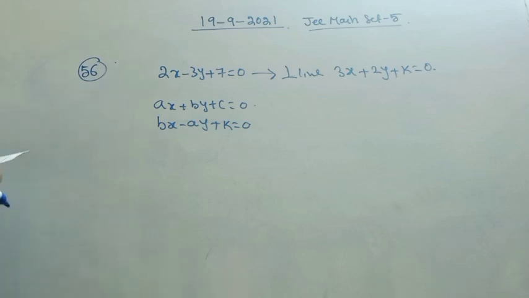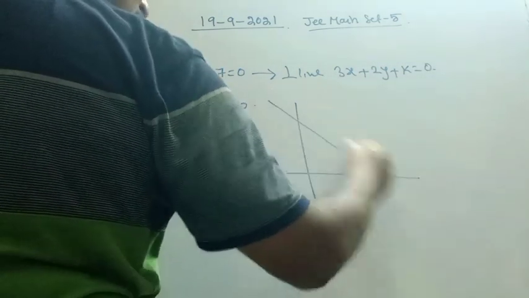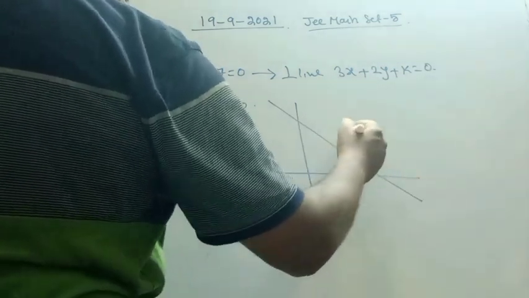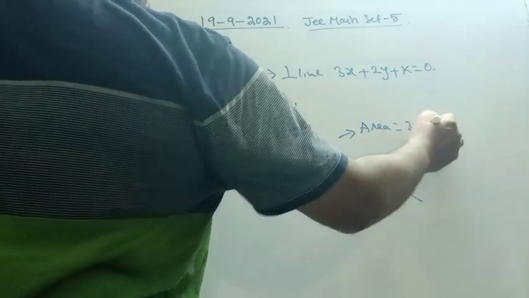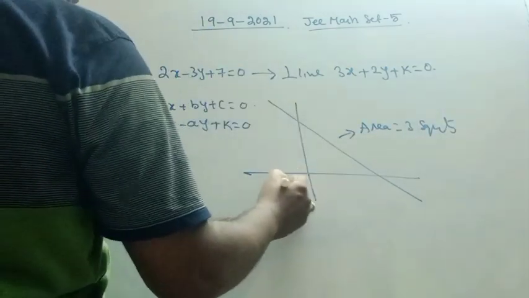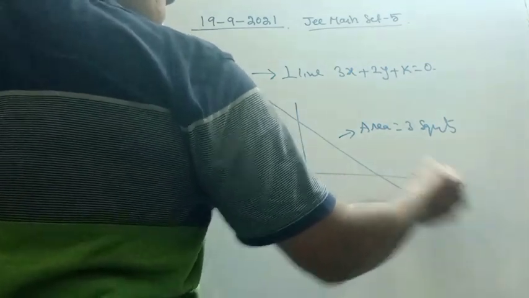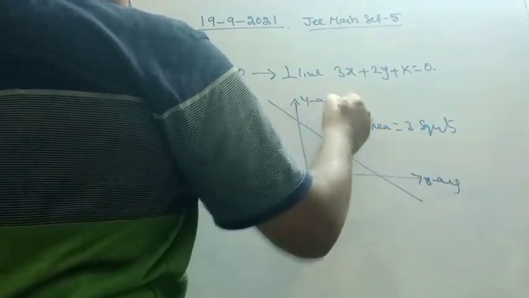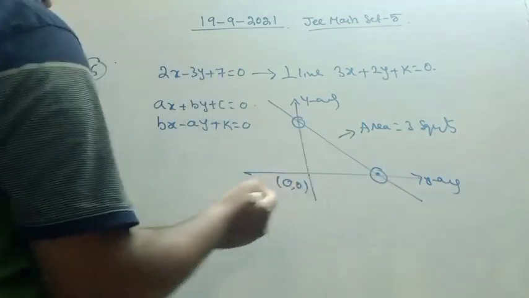Once you have the perpendicular line, it forms a triangle of area 3 square units with the coordinate axes, with the origin. This is the x-axis and this is the y-axis, and these are the x-intercept and y-intercept. How do you get the x-intercept?